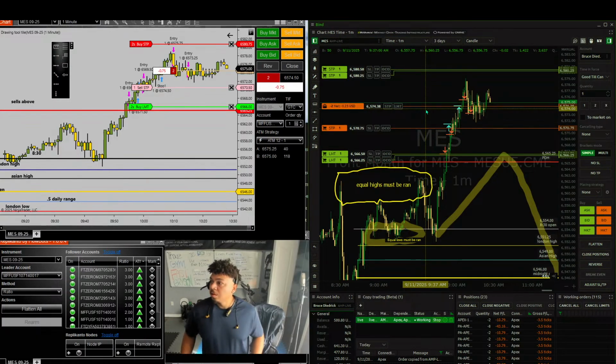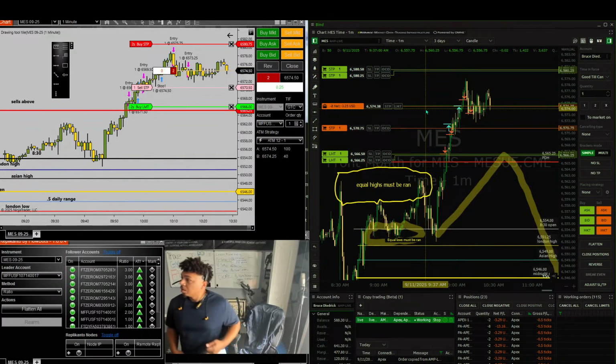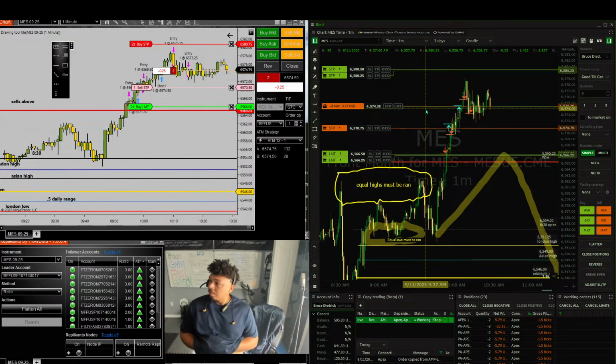Let's see. Might be going. See if we can get it back to previous day's high. MNQ looks like it's going bearish as well, so hopefully it's all happening at the same time.